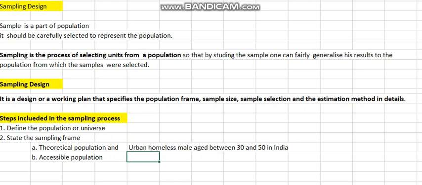Then actually he selects the sample from among homeless urban males between 30 and 50 from among 6 cities across India. Here the study is limited to 6 cities across India.